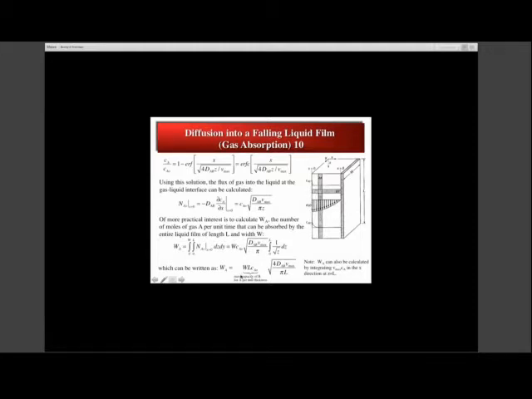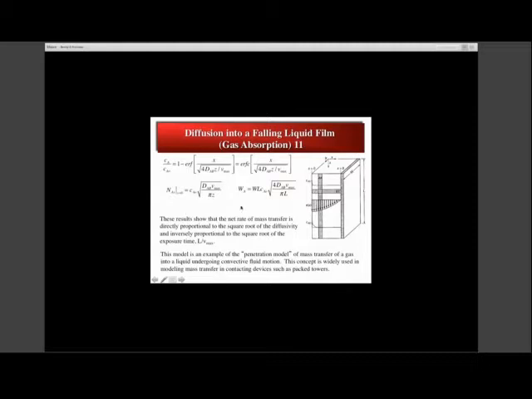And so this value is the maximum absorption capacity of the liquid per unit thickness. And then this factor tells you, based on the total amount of gas A absorbed, what is the effective thickness that would correspond to A being saturated in the liquid. Okay, so this factor will be less than 1, or at most 1 in extreme circumstances.